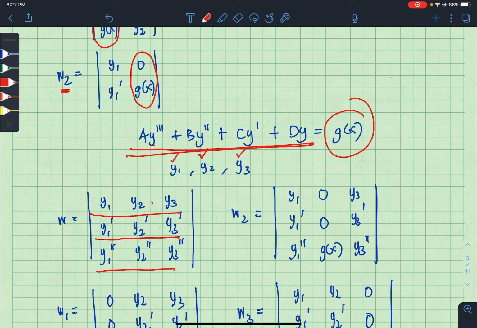Okay, so let's have our first example. For example number 1, we have y double prime minus 2y prime plus y is equal to e raised to x over 1 plus x squared.